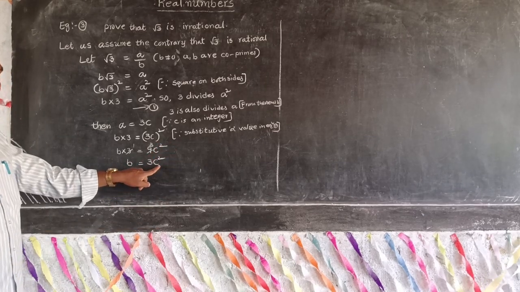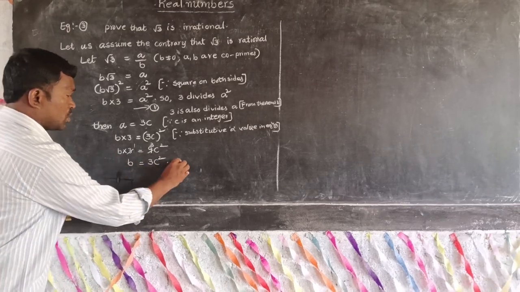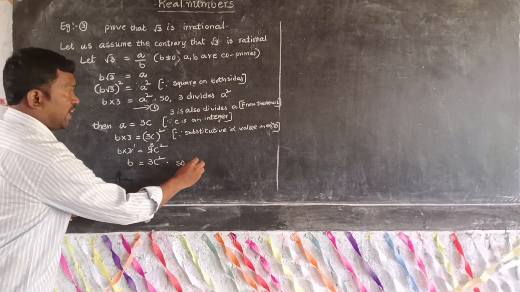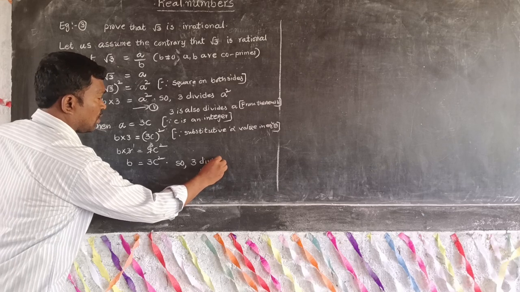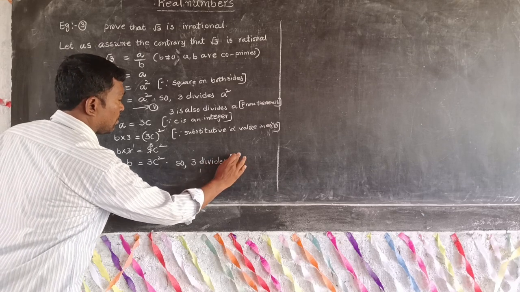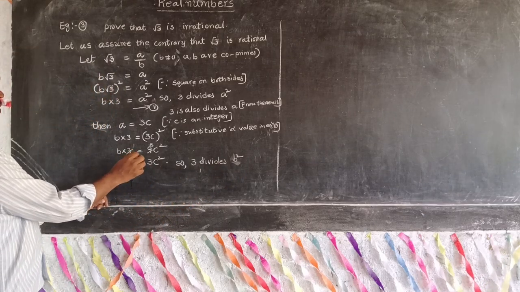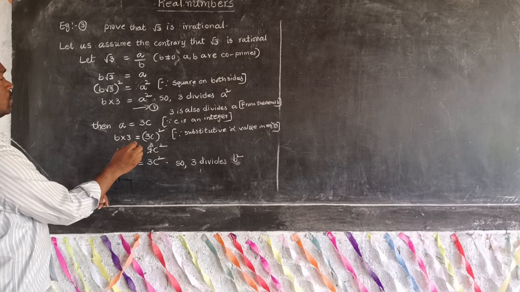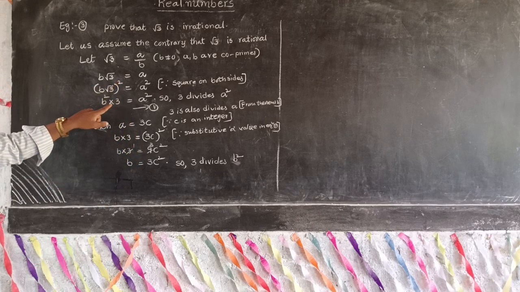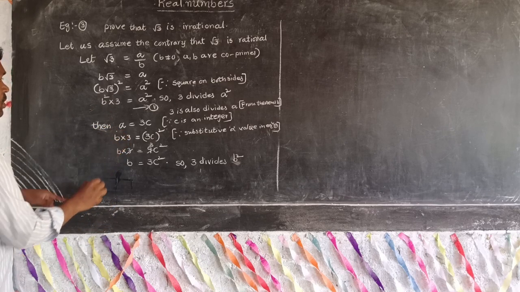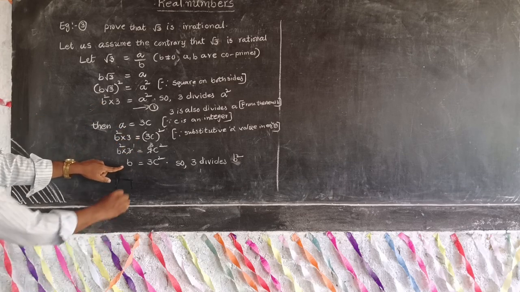That means 3 and c squared are both factors of b squared.